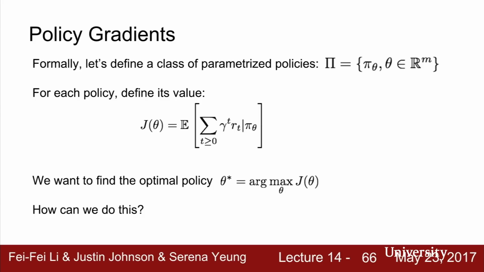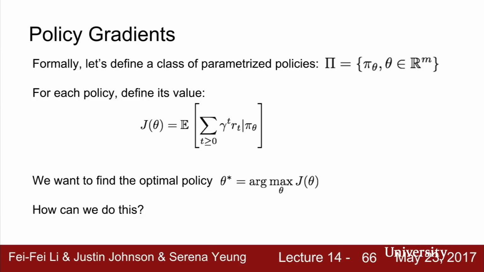Our goal under this setup is to find an optimal policy, theta star, which is the argmax over theta of J of theta. So we want to find the policy parameters that give our best expected reward.